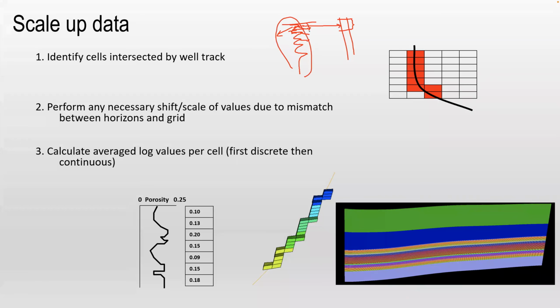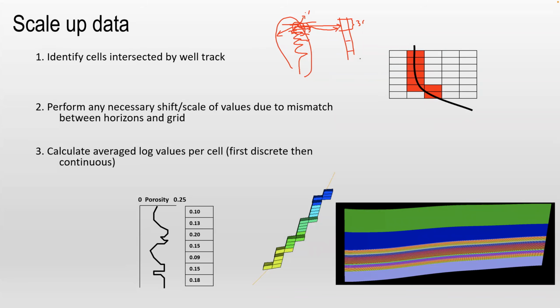For example, if the thickness is 3 feet, you must average the raw data and assign this value to each cell. So this process will be done in the scale-up process.